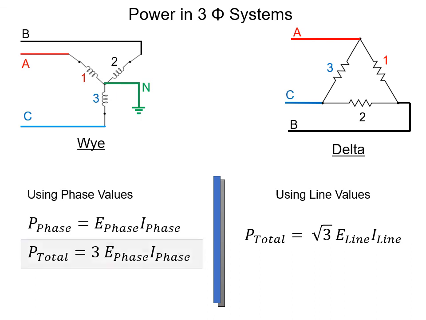So to simplify, I can calculate the power in either a delta or a Y by using either of those two formulas, where my total power is equal to 3 E phase I phase, or the total power is equal to root 3 E line I line. Now those values might change a little bit depending on how you round.